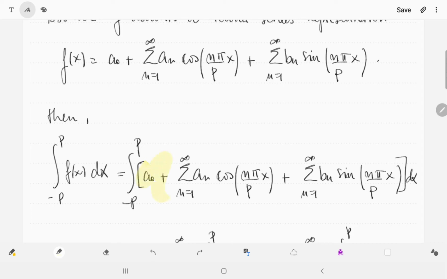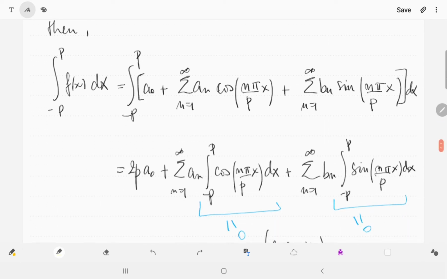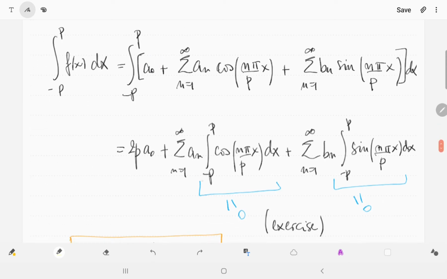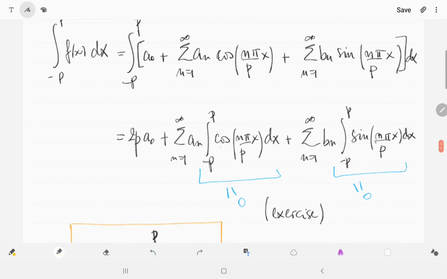We just replace f here, and we split this integral into pieces. So we get a constant times the measure of the interval, which is 2p, and then we have this integral that is equal to 0, and this integral that is also equal to 0, which is also an exercise. You have to find an antiderivative of this function and evaluate it at the endpoints of the interval.